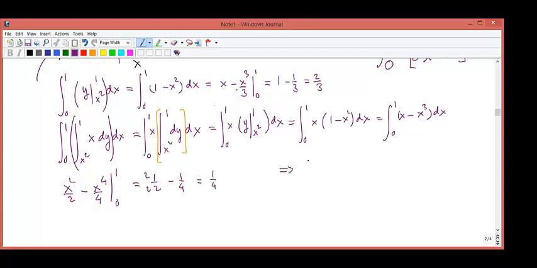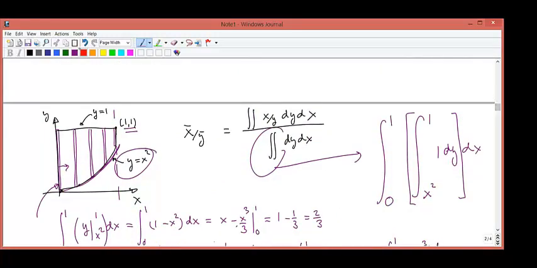Therefore, x bar is 1/4 divided by 2/3, or 1/4 times 3/2, which is 3/8. So if this is 1, we divide it by 8 and go 3. So the x is going to be somewhere around here.